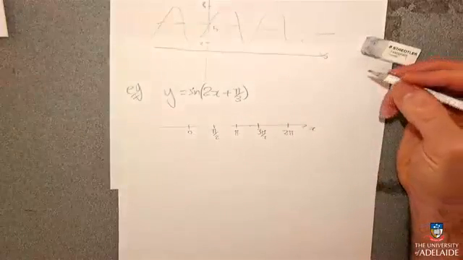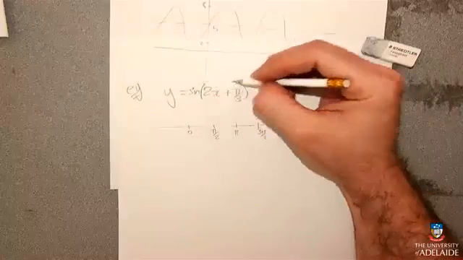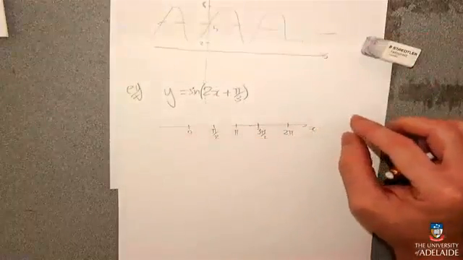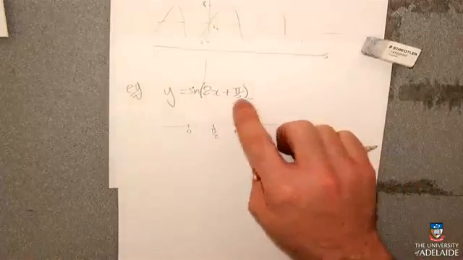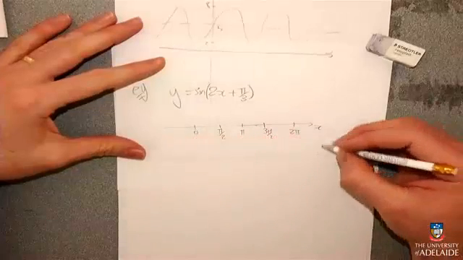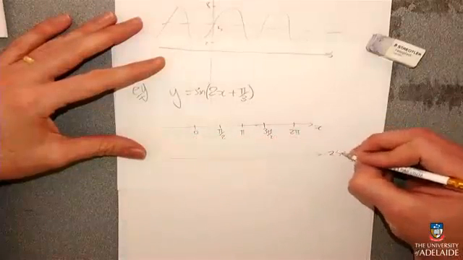Okay, so what I did is before I did the sine, I took every one of these numbers on the x-axis and I did times 2 and then plus pi on 3. So first I'll do the 2x.